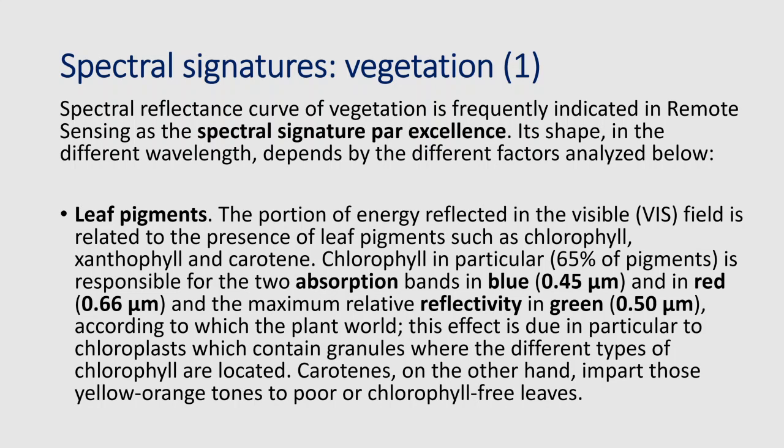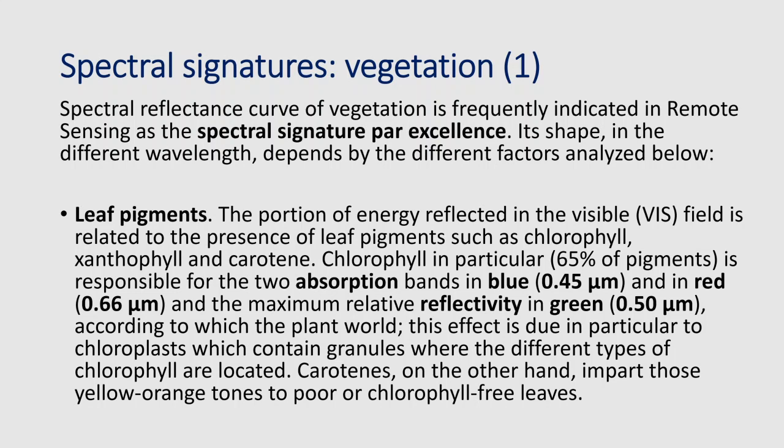This photosynthesis is based on the use of the red part of the visible spectrum, and so the chlorophyll is absorbing this kind of energy, while the chlorophyll is not using the green part of the visible spectrum.